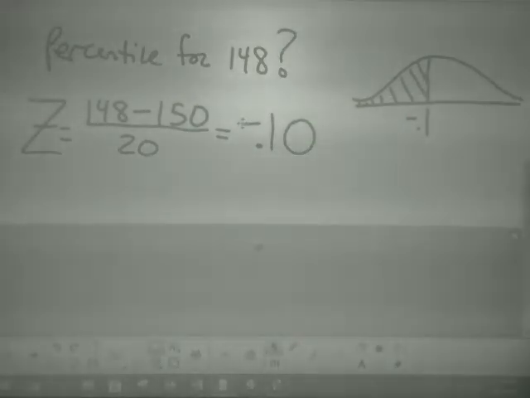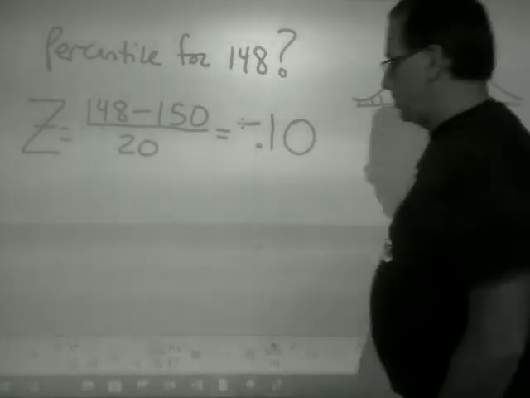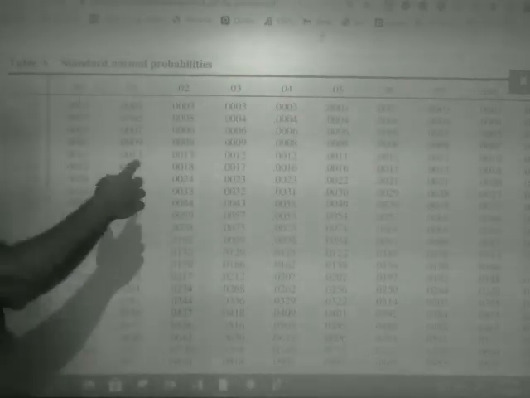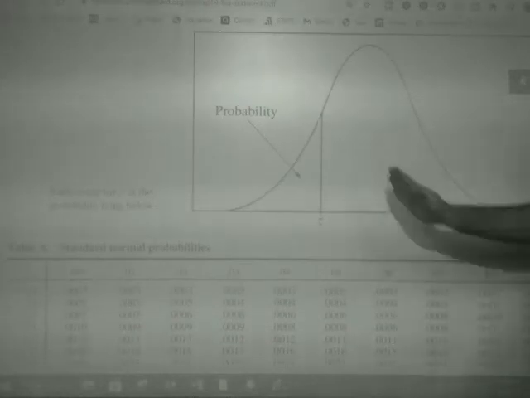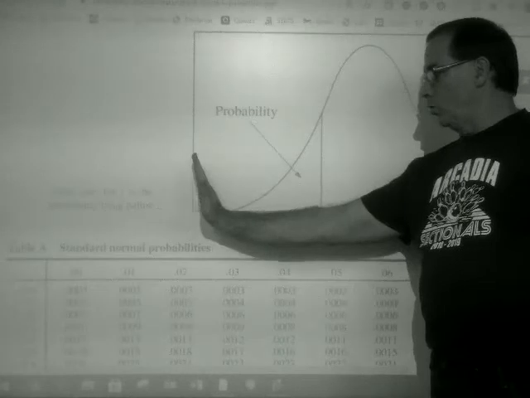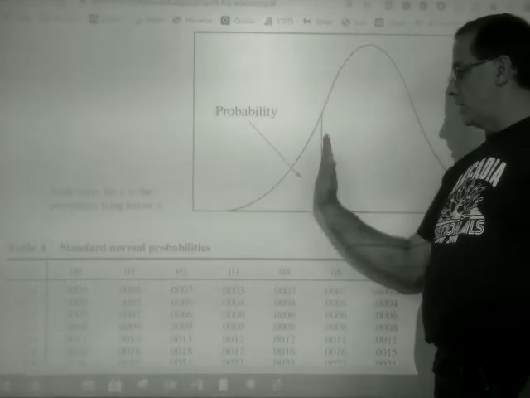I have to use what's called a z-table to look up this shaded region. These are located in the very back of your book next to the random digit table. I have a copy of it right here. This is our z-table. We have marked a location, and then shaded below is the probability or the percent that it will happen.